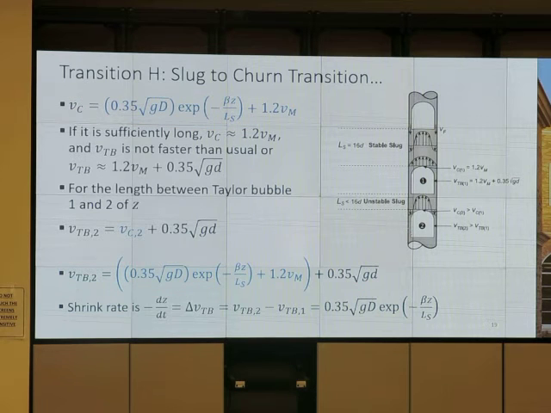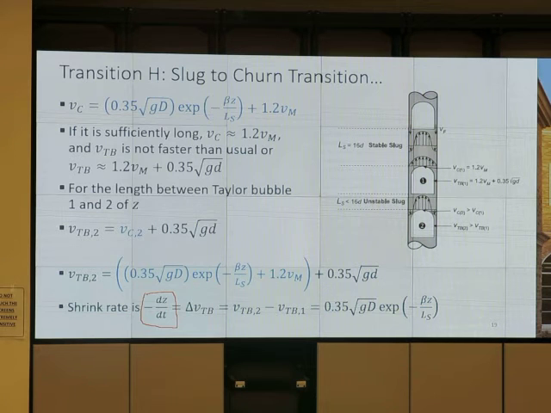Let's take a look at the shrink rate. What was shrink rate? Shrink rate here is the rate of shrinkage of the slug length. They call it minus dz/dt. That's the shrink rate. So z is what?